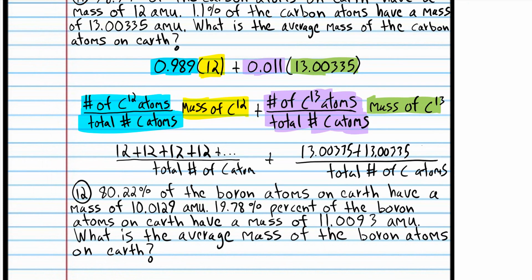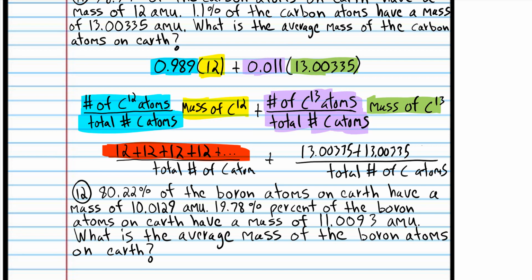So then we add these fractions together, and again, when we multiply the numerator and that number, we come up with the sum of all those 13.00335s. So we have a common denominator, which means that we can add these fractions together, and then we just get the sum of all of the 12s. We're going to add 12 as many times as there is a carbon-12 atom on Earth, which is a lot.